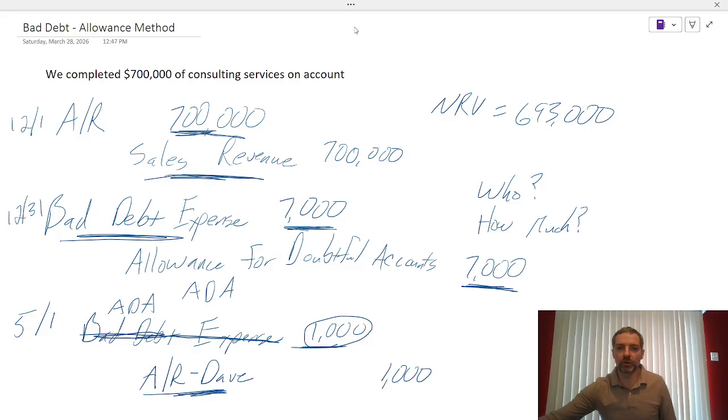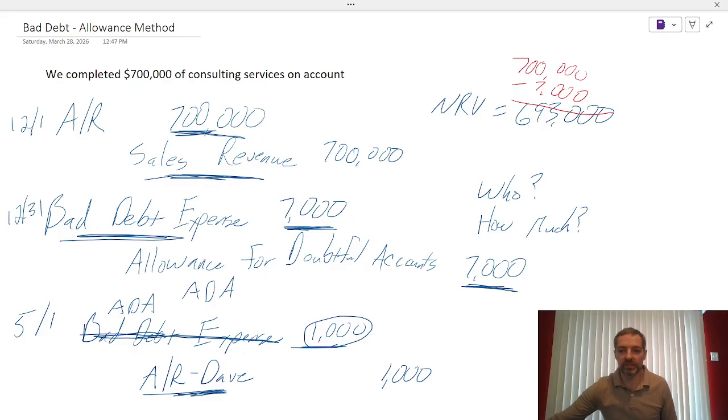I also want to show you what effect this has on net realizable value. So at the end of the year, we thought we were going to collect $693,000. That was $700,000 minus the $7,000 that was in the allowance. That got us to $693,000.